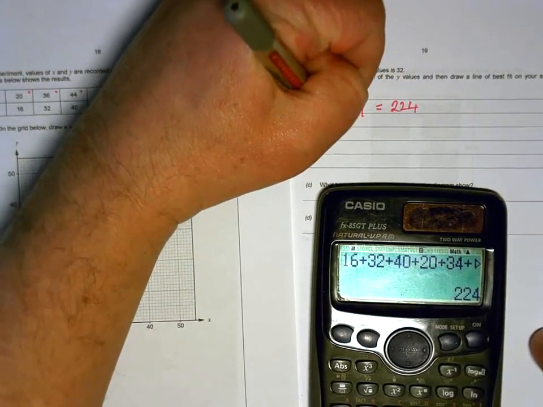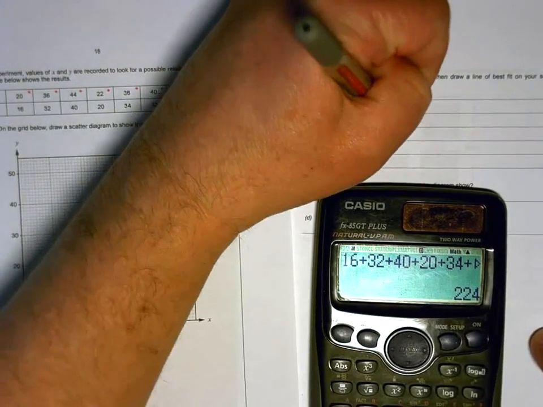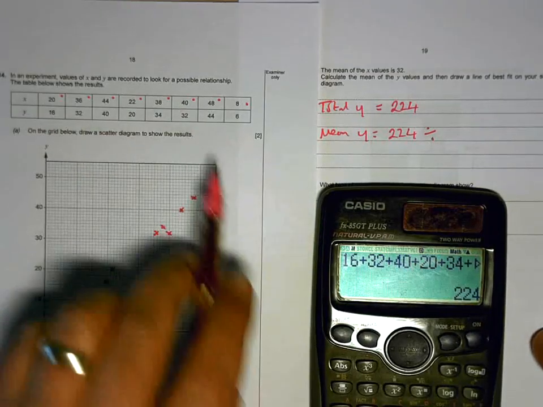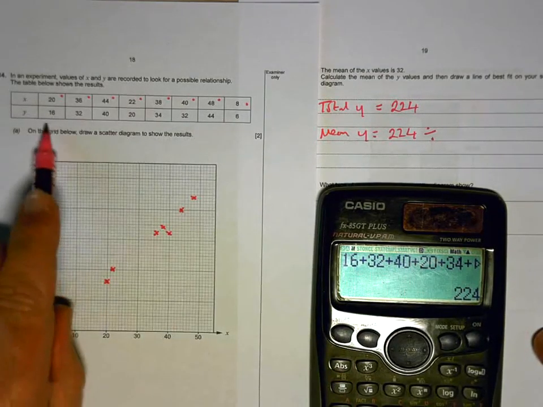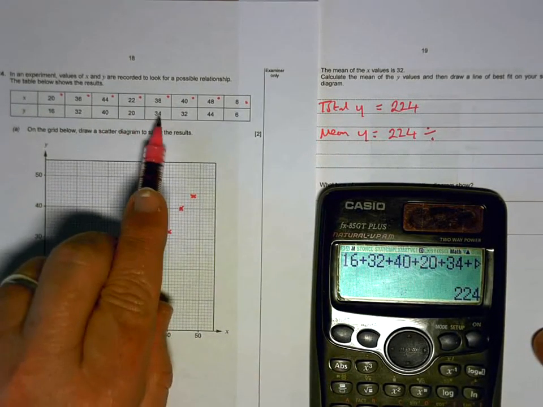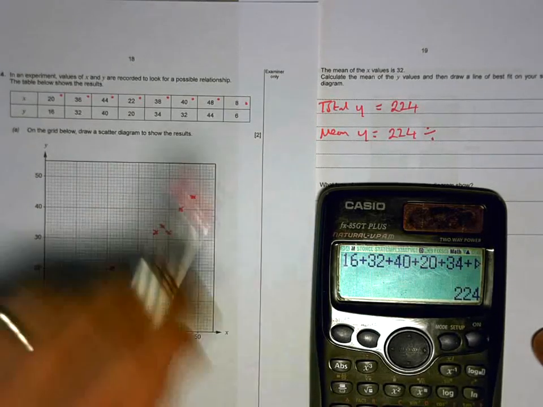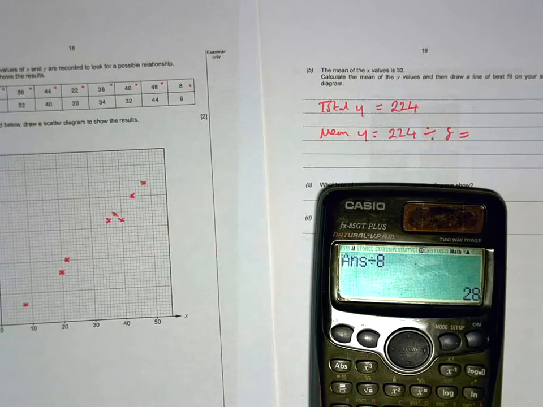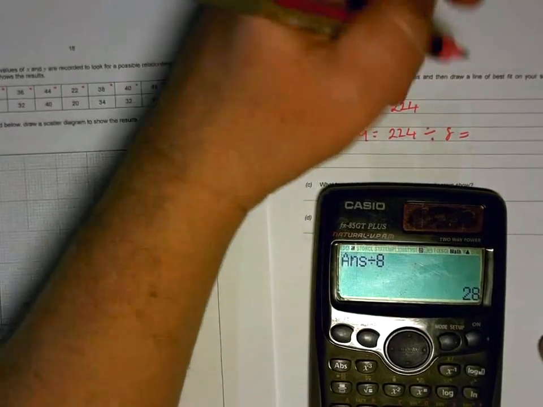So to find the mean y value, you get the total and then divide by the number of data items that you've got. So 1, 2, 3, 4, 5, 6, 7, 8. 224 divided by 8 is 28.